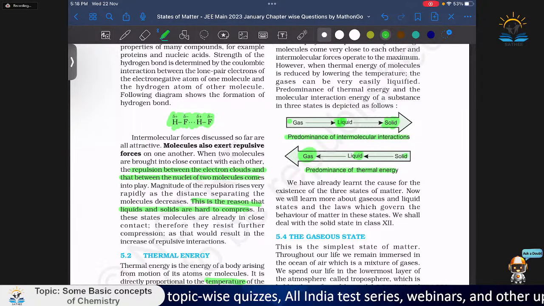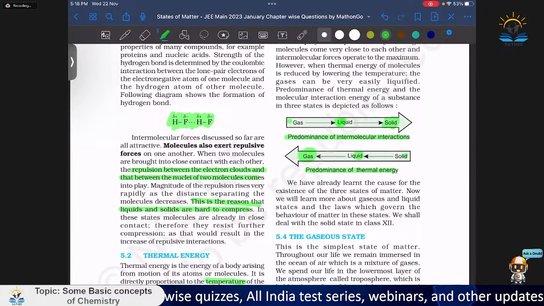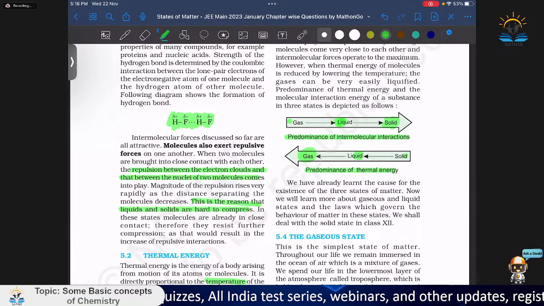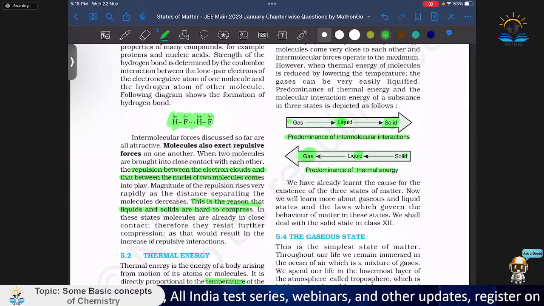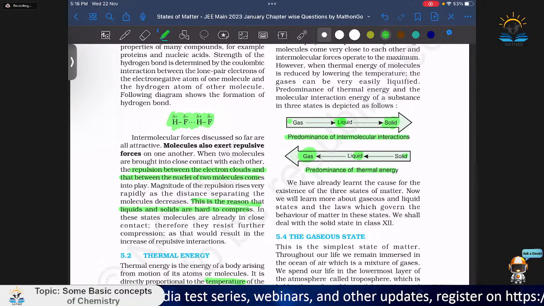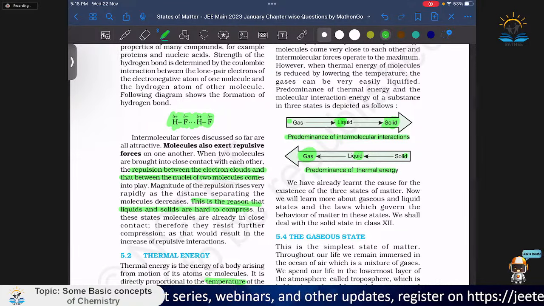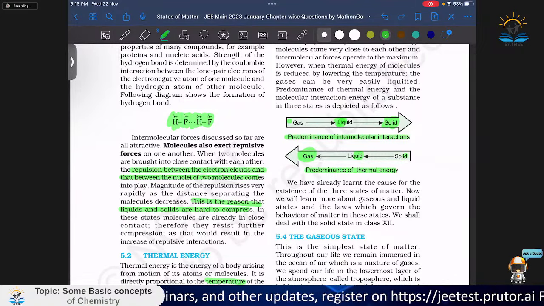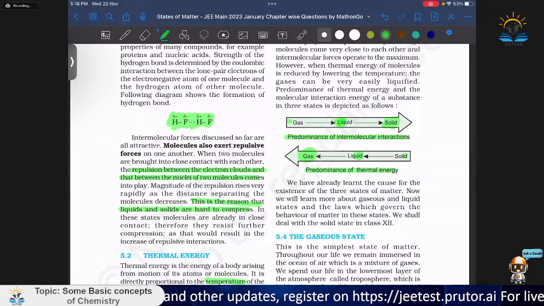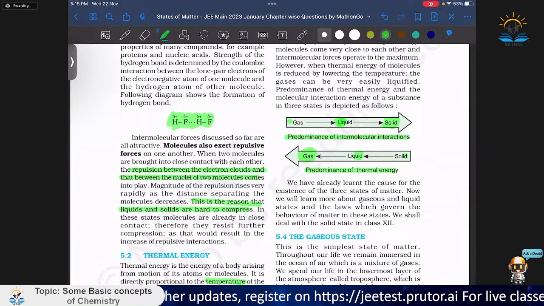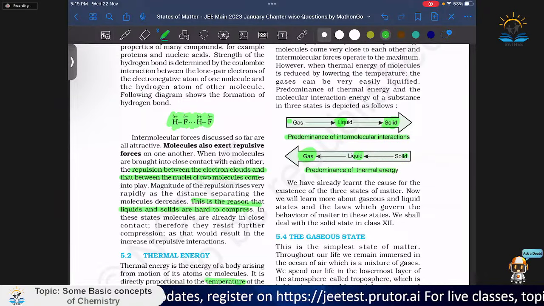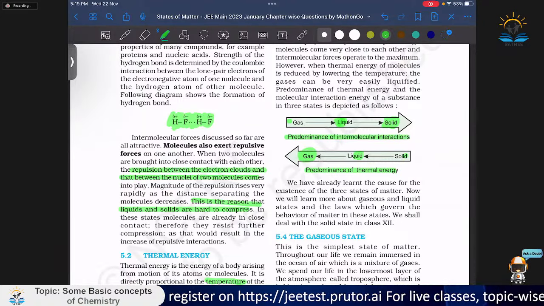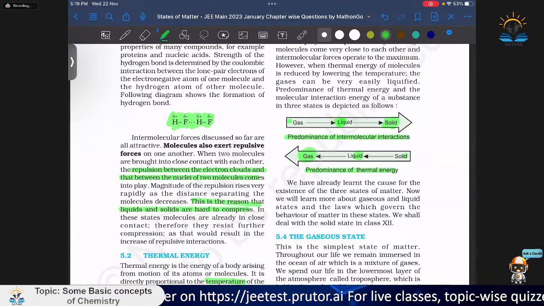That is why it has no fixed volume or fixed shape. It can just expand infinitely into space if you give it such a big container. Similarly, the intermolecular interactions are the most in solid. That is why it has a fixed volume, fixed shape, and you cannot just distort it, because the intermolecular forces are so high that they will keep the molecules together.